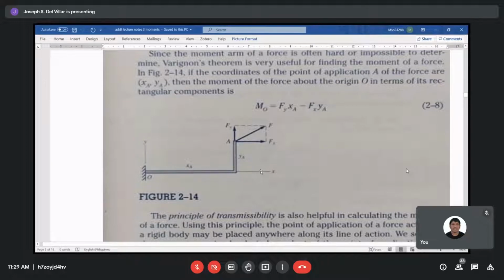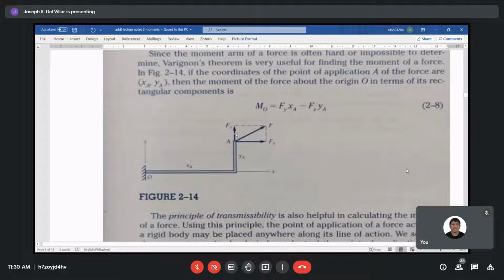So dalawa na ngayon yung may moments, si Fx at si Fy. So si Fx, asan ang kanyang moment arm? Ito, si YA, kasi si YA perpendicular sa force. Diba? O ito naman si Fy, saan ang kanyang moment arm?